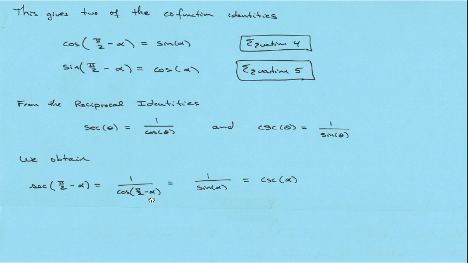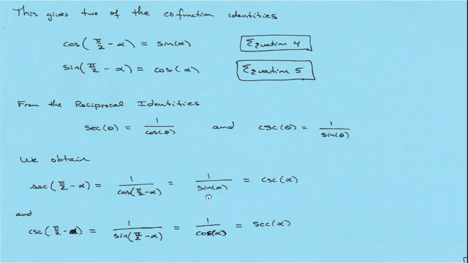But using the identity we just found, the cosine of pi over 2 minus alpha is the sine of alpha, and then using the other reciprocal identity, 1 over sine gives us cosecant of alpha. If we do the same thing for cosecant, cosecant of pi over 2 minus alpha is 1 over sine of pi over 2 minus alpha, but then using the cofunction identity for sine, the sine of pi over 2 minus alpha is cosine of alpha, and 1 over the cosine of alpha gives us secant of alpha.